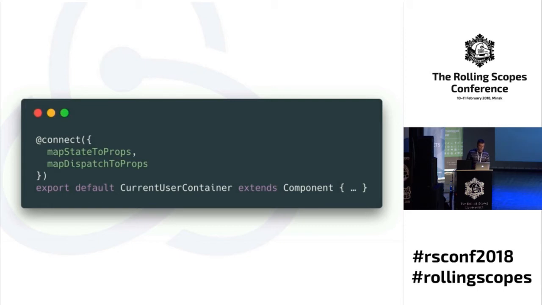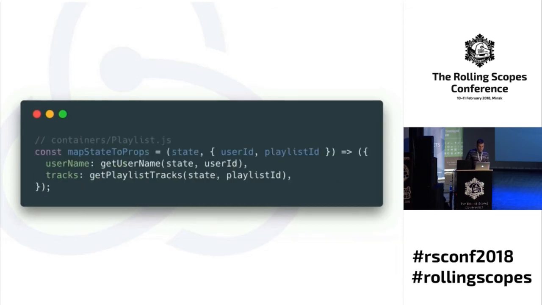However, the current user container is not the only component that will need user data. In another container, we can also find the same subset of Redux state passed down to React. For example, the playlist.js component also wants to print the user or artist name somewhere on the screen.